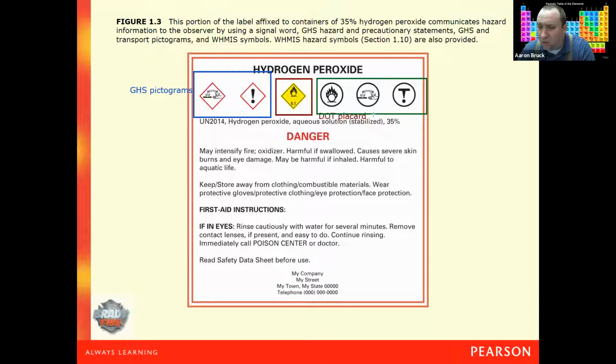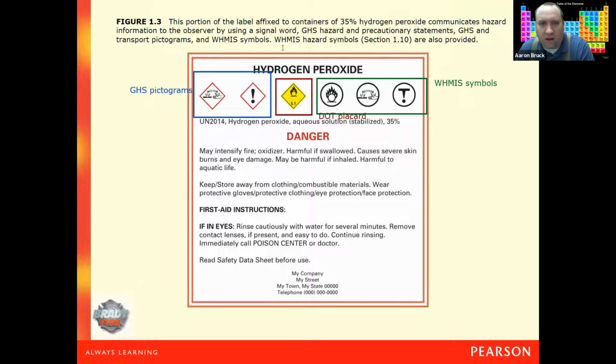They are not part of the global harmonized system in any way, shape, or form. However, what we'll notice is that their pictograms, the pictures that display what the hazards are, are very, very similar to the GHS pictograms, with minor exceptions.